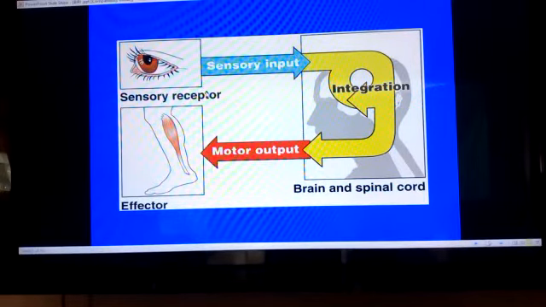From the sense organ, the information is picked up by the sensory neuron in a process we call sensory input, and then it is taken to the brain for integration. The brain processes the information and delivers it to the motor output, which delivers the impulse or message to the effector cells. Majorly they are located on the glands, and in our case here it is on the muscle, the lower leg muscles.